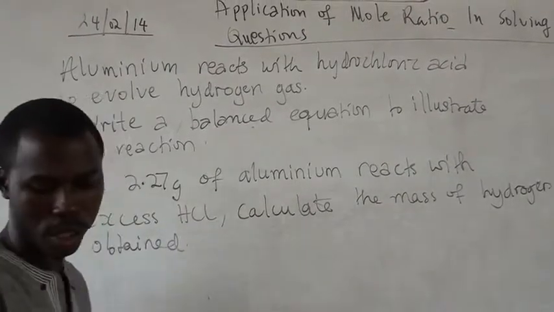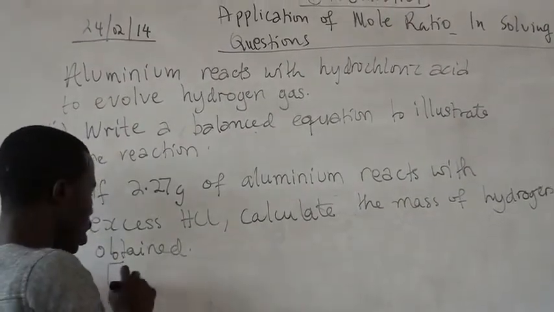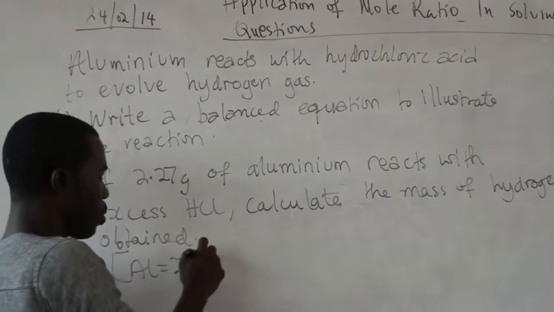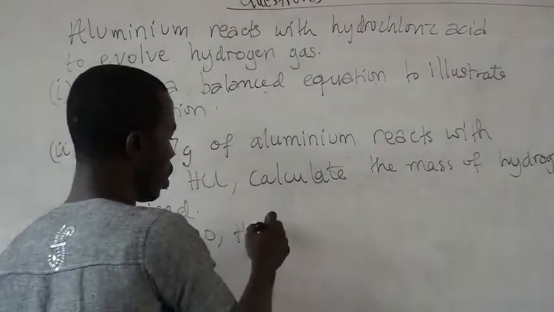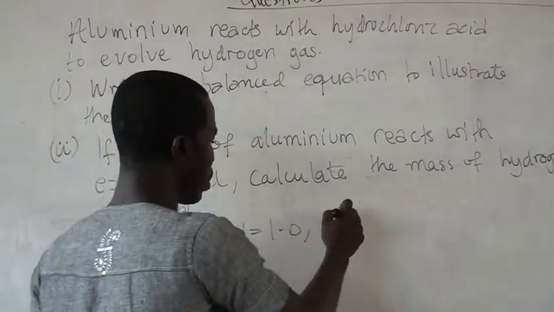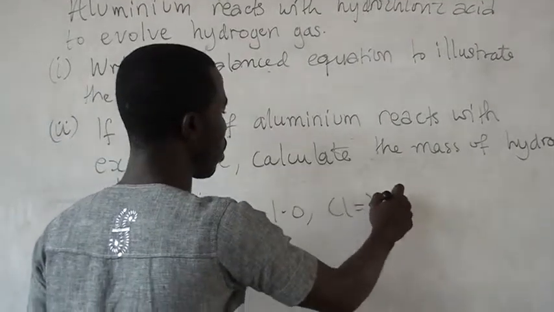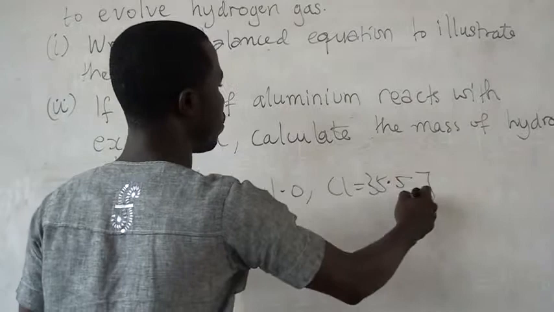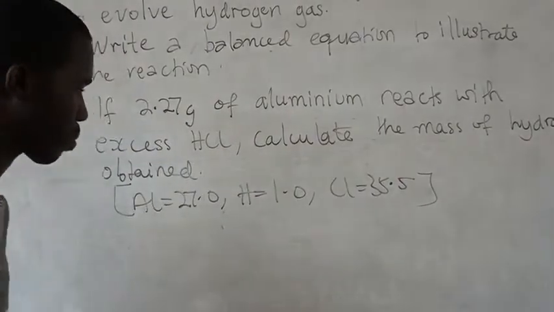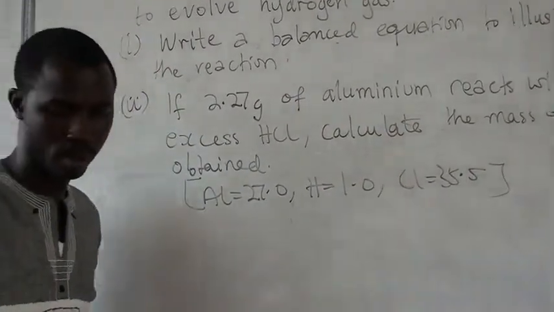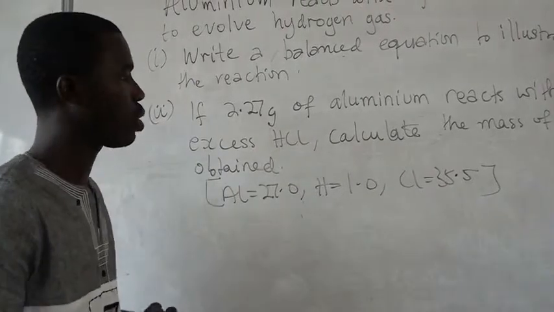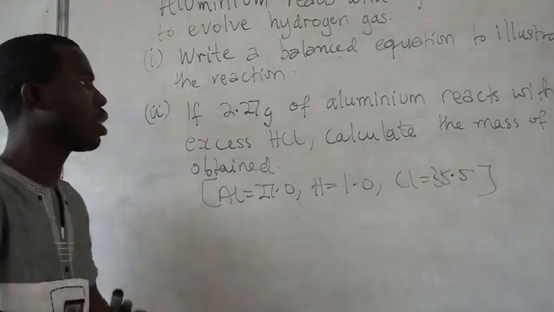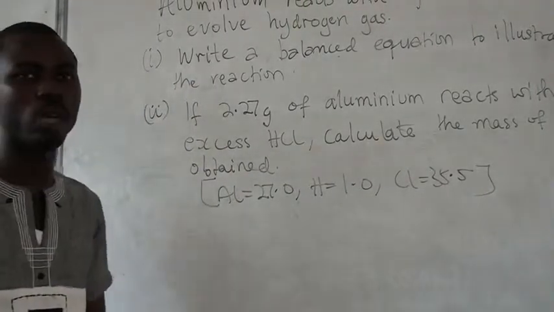So that is the question. Al equals 27.0, hydrogen equals 1.0, Cl equals 35.5. So that is the next example we have to look at.